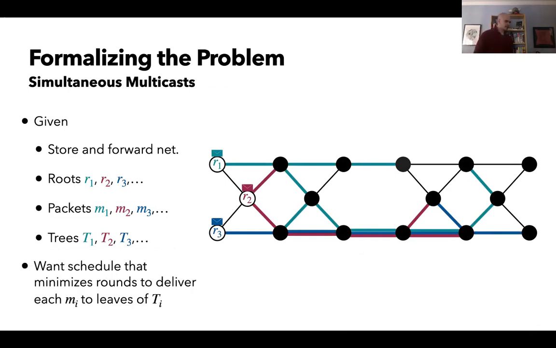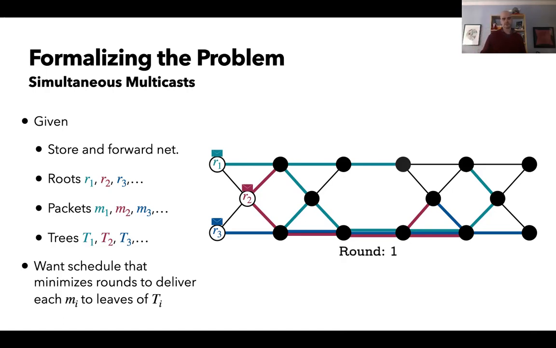Now, what we want to do is understand the length of the schedule that minimizes the total number of rounds so that the leaves of each tree get the packet of its root. To be clear, we allow ourselves to duplicate these packets when the tree branches, but we are subject to the bandwidth constraints of the store and forward network.